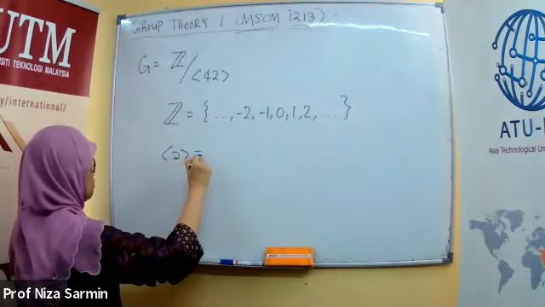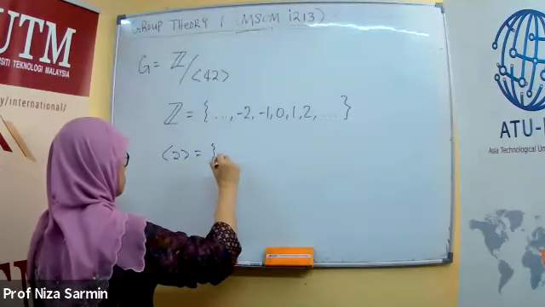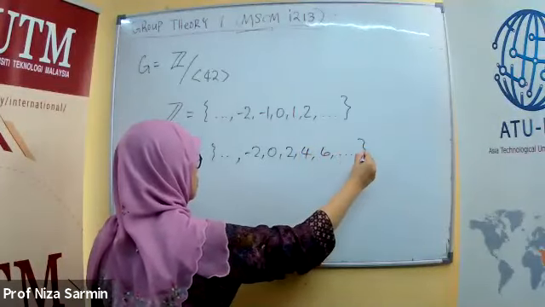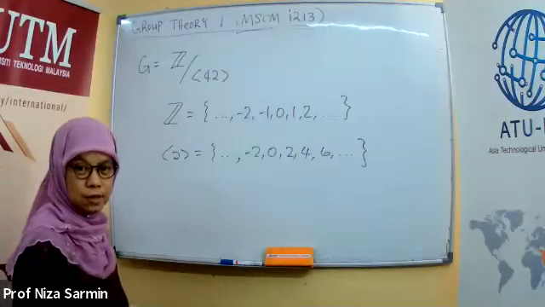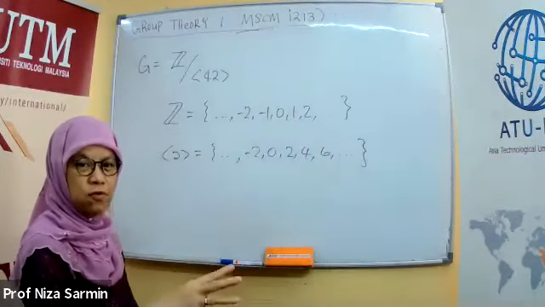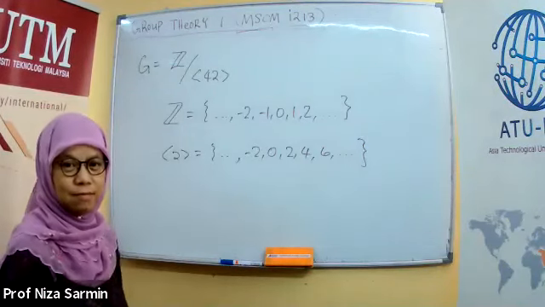What is this? Negative 2, 0, 2, right? 2, 4, 6, and so on. Negative 2, negative 4, and so on. So what are the cosets?